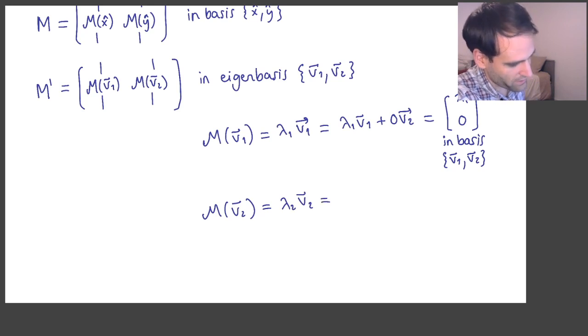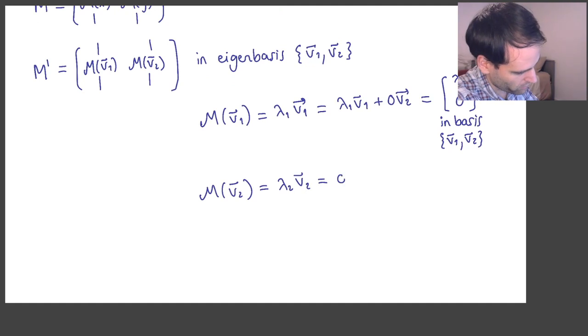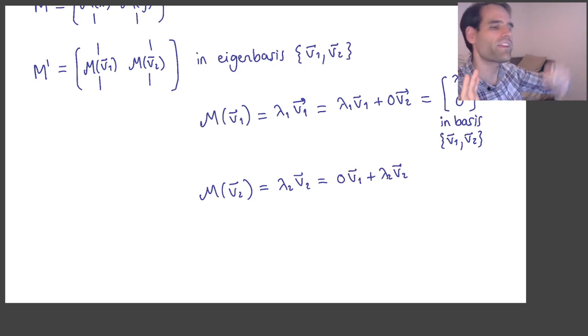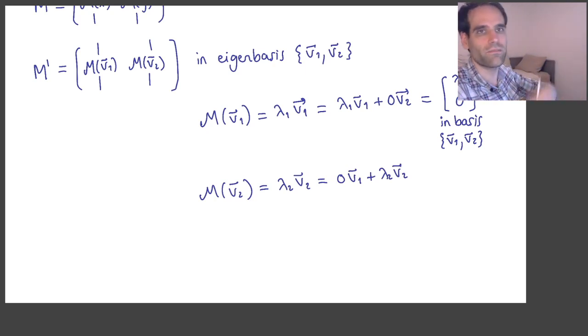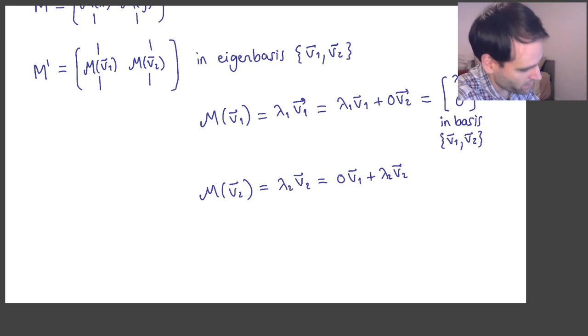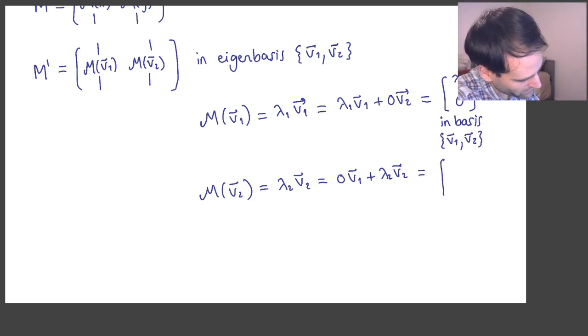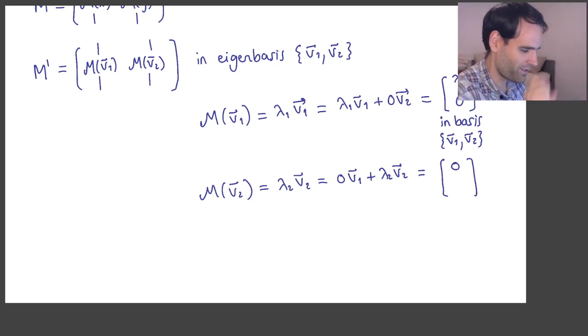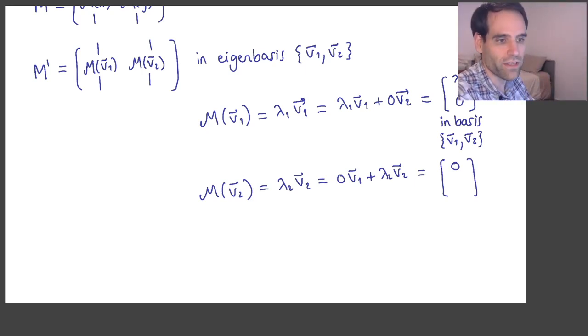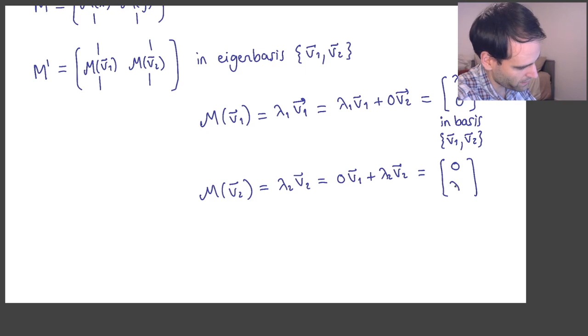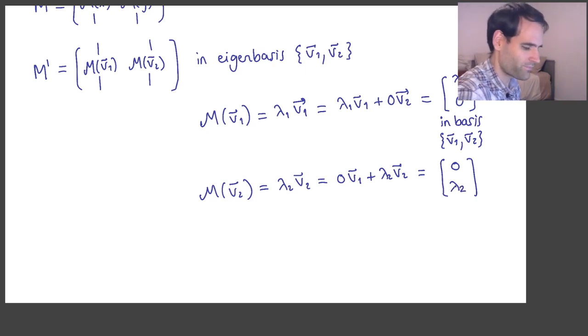And this result as a linear combination of the eigenvectors, which are the basis, is equal to 0 times v1 plus lambda 2 times v2. And if we had more eigenvectors, it would be plus 0 times v3 plus 0 times v4 plus 0 times vn. So if you write it as a column vector in the basis v1, v2, this will be zeros everywhere except on the element corresponding to the vector. So the second element in this case will be lambda 2.